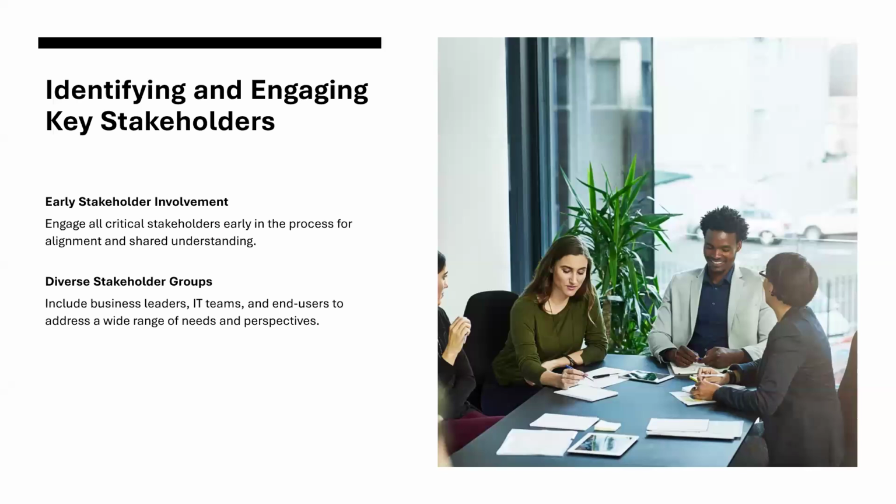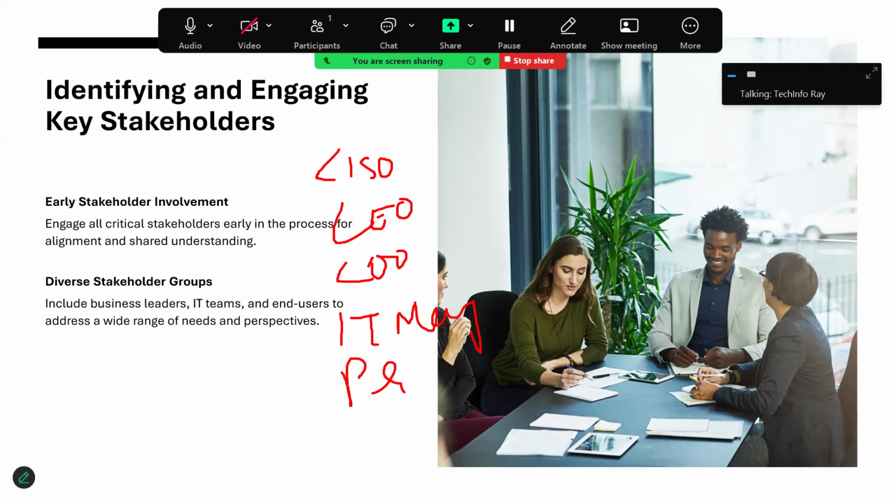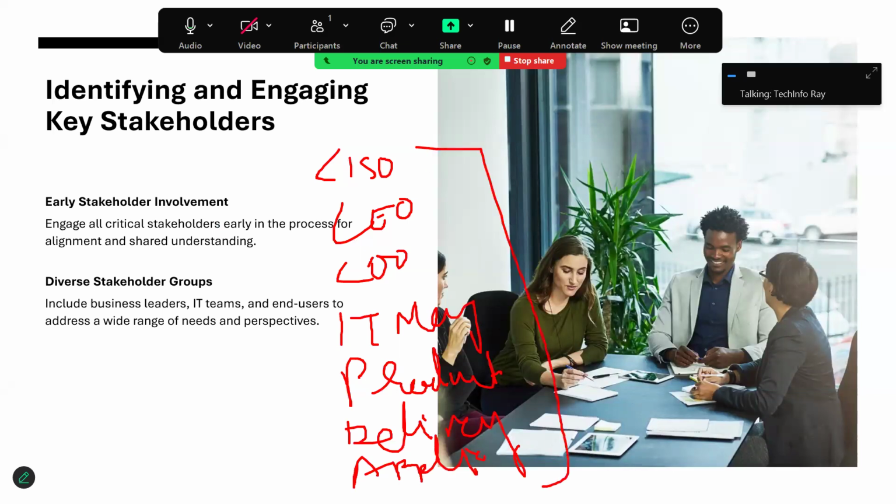You should have the CISO, the CEO, and the COO, so that you have business support from them, plus the IT manager and products team, and then delivery managers who are delivering these services to customers, and then application architects. All these stakeholders should be there before starting off the migration, so that they are aware of what is going on.